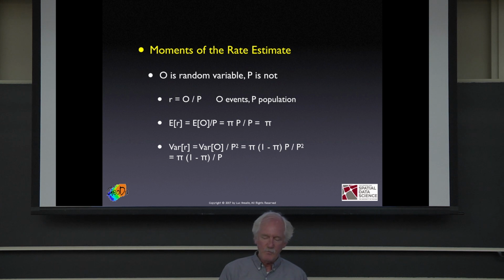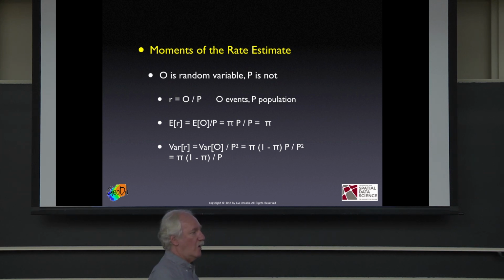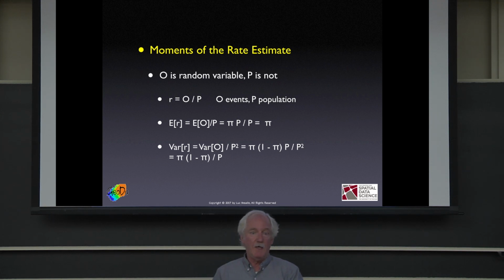It's P. So the rate is the ratio of the events, O over P. And the average, the expected value, as it's called, the E thing, is the expected value of the numerator divided by P. P is just a constant. And we just saw that the mean of the number of events given a binomial distribution with population P and probability pi is pi times P. The ratio is, lucky for us, pi.